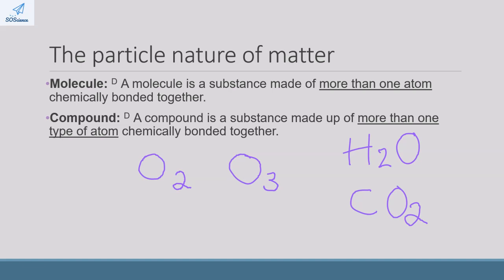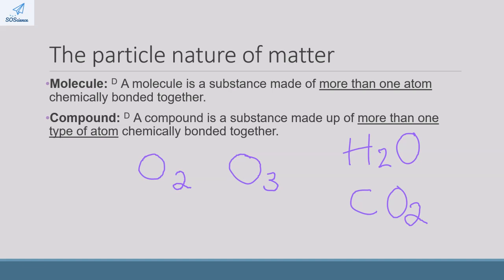Now, a compound is a substance made up of more than one type of atom chemically bonded. Is this a compound? Yes, because we've got hydrogen and oxygen. We have at least two different types of atoms involved in this bond. And over here, also we've got carbon and oxygen.